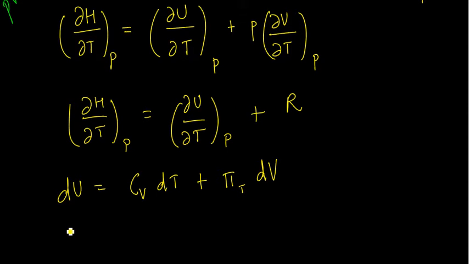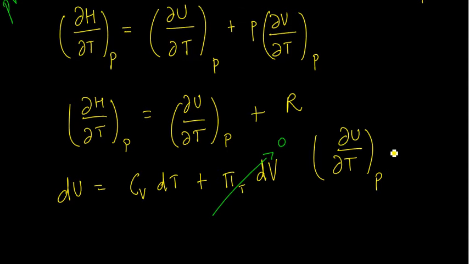This term is 0, since we are working with ideal gases for the moment, and that is equal to Cv for ideal gases at constant pressure as well.